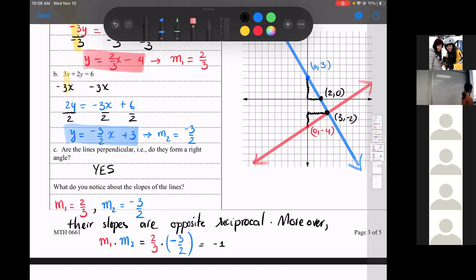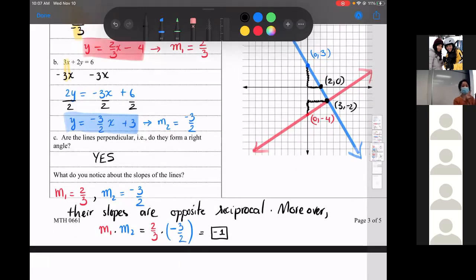On the exam, we had this question last time. If I ask you to show whether the lines are parallel, perpendicular, or neither, I want you to show using math, okay? You can graph if you want, but it doesn't count as proving. You need to show it mathematically. If the two equations are parallel, the slopes should be the same.